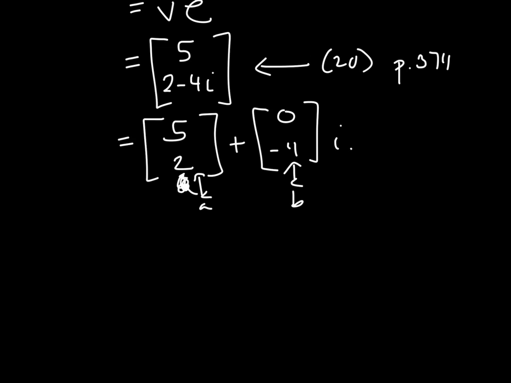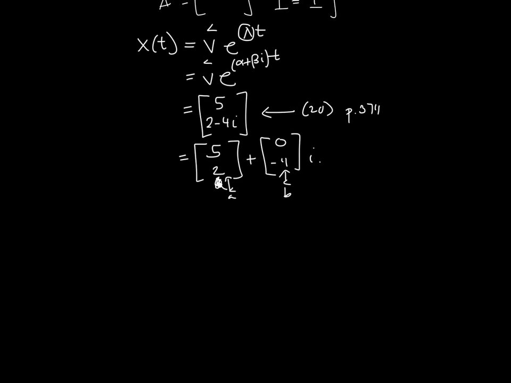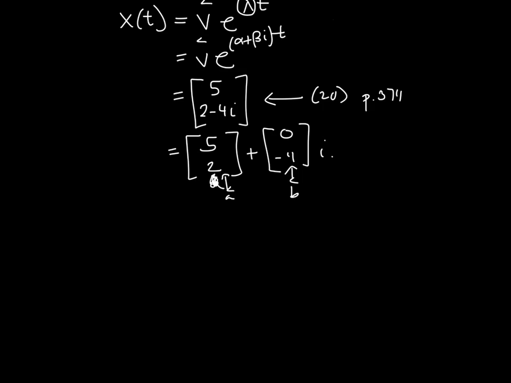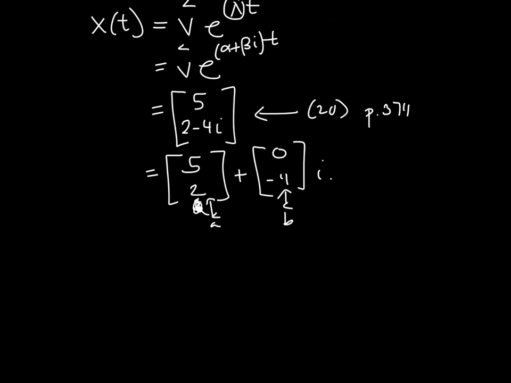I just wanted to write a couple of those things down to explain what that page was talking about. Let me make this a little bit bigger. So we have x of t equals our vector, 5 and 2 minus 4i.